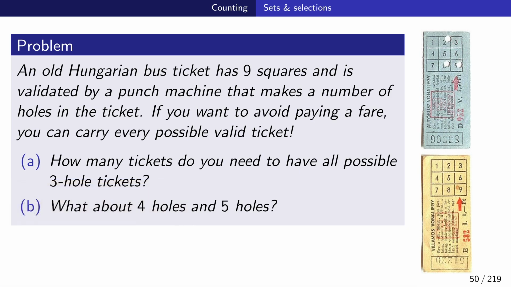So Corey used to live in Hungary, and in Hungary, they have these bus tickets, or they used to at least, and you would get it punched in one of these 9 squares on the screen, and you could feasibly get away with just having every possible way to punch the ticket.